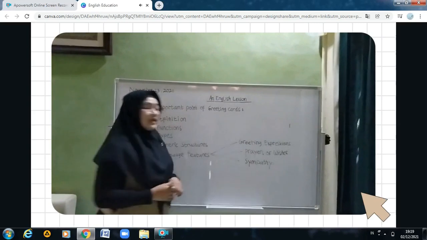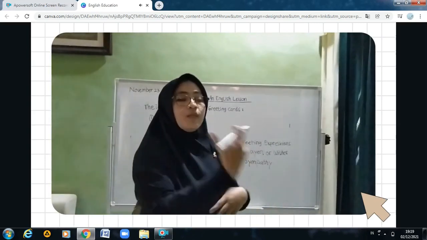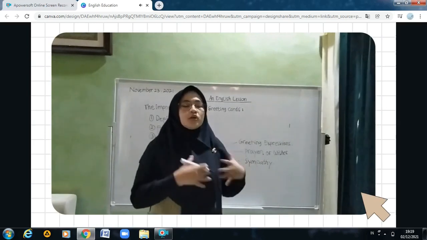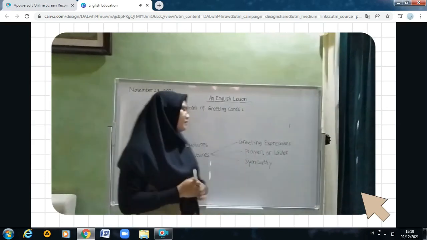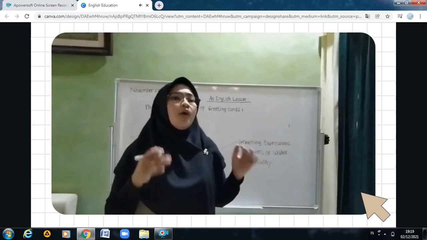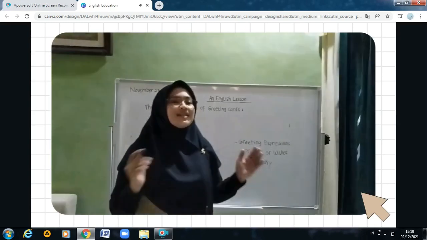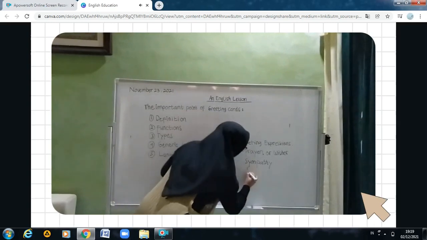Okay, sympathy is a feeling we want to send to someone who is experiencing an event in the category of sadness. Like, I'm sorry to hear that, or maybe our deepest sympathy for you, etc. So the last category is salutation.